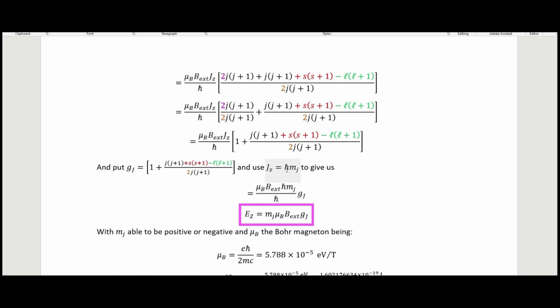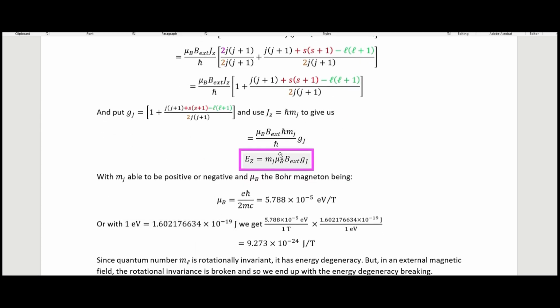Our J sub Z here is equal to H bar M sub J, so we put that in. This H bar and this H bar cancel, so we end up with this right here. So this is our Zeeman effect perturbation energy, or first order energy for the perturbation.